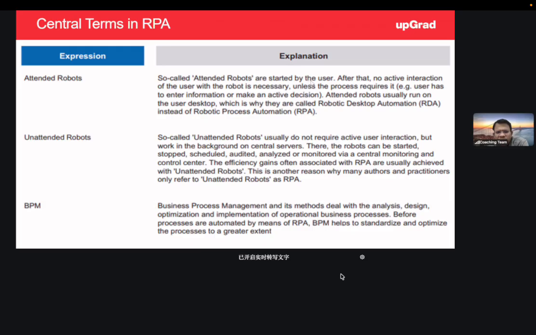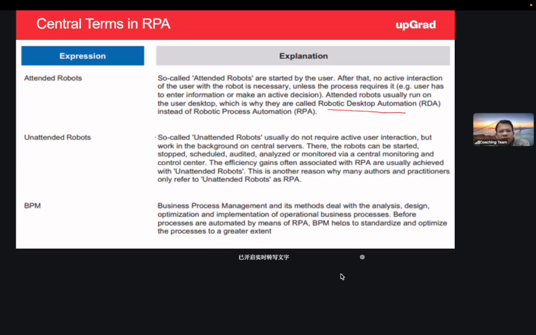These are the robots which are started by the user, after which, there is no mandatory requirement of interaction between the user and the robot. But at any given time, the entire control can be taken by the human. So RDA, remote desktop automation, is basic automation. They usually use attended robots.